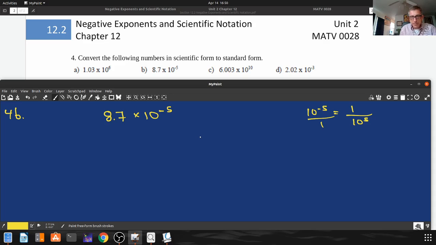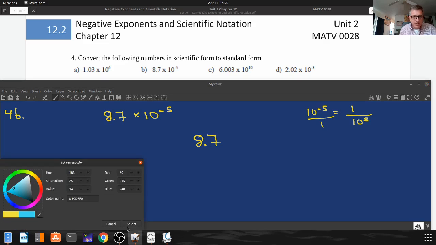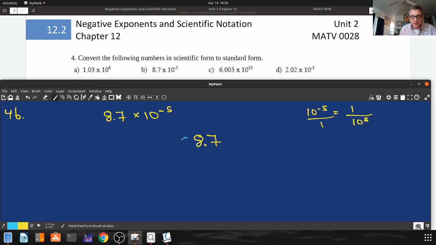So again, write your 8.7 here, and you're going to make this into a smaller number. So if you want, you can just mindlessly write 5 zeros on this side. Now you won't need all of them, but you certainly have plenty of zero space there, and you're going to move your decimal to the left 5 places.